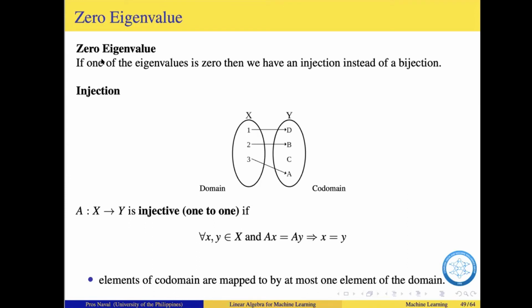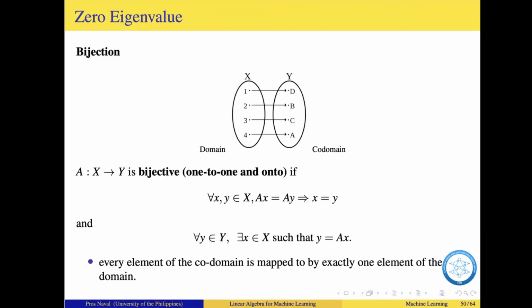So if one of the eigenvalues is 0, that means we have this case. If all the eigenvalues are non-zero, then we have bijection. Bijection means one-to-one and onto.